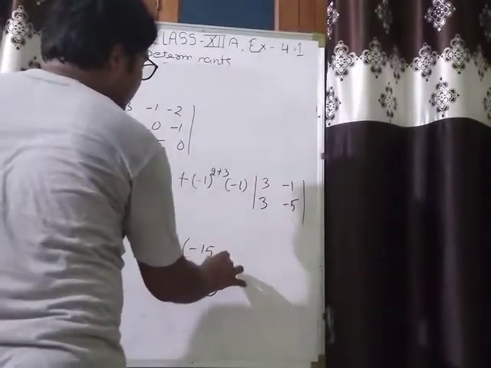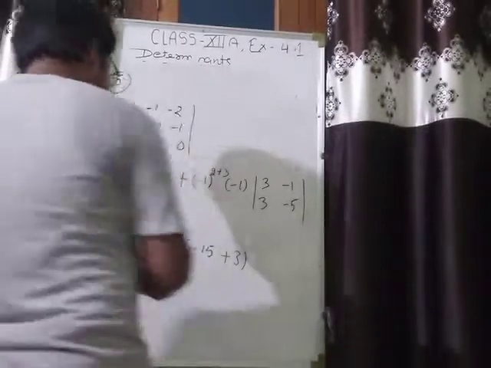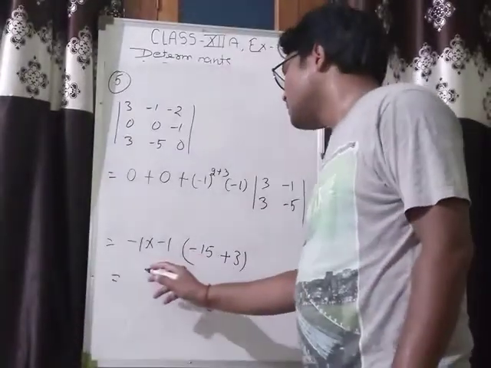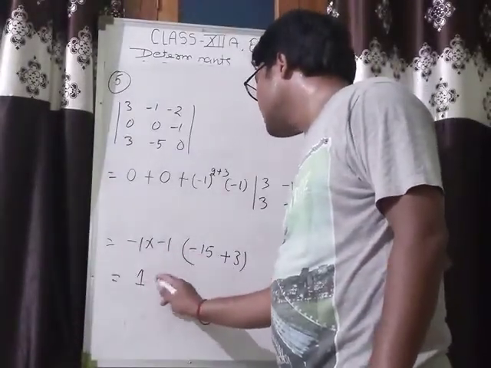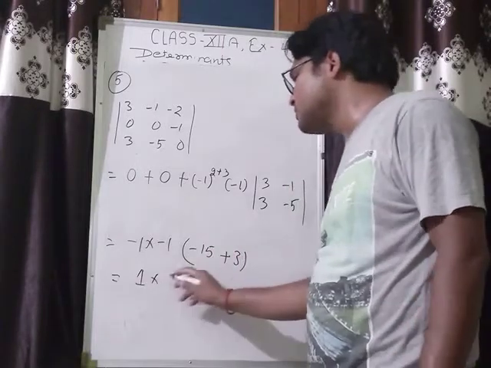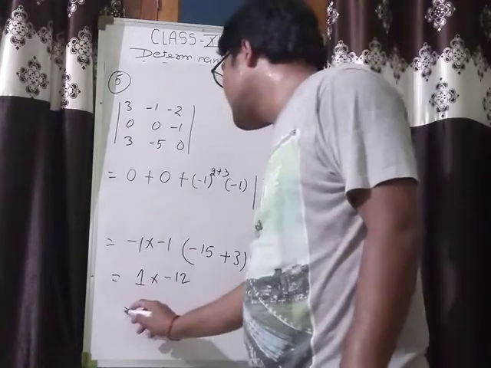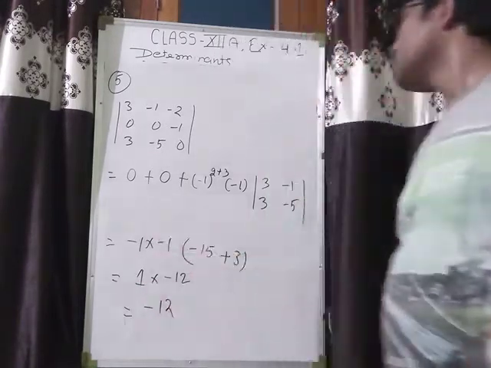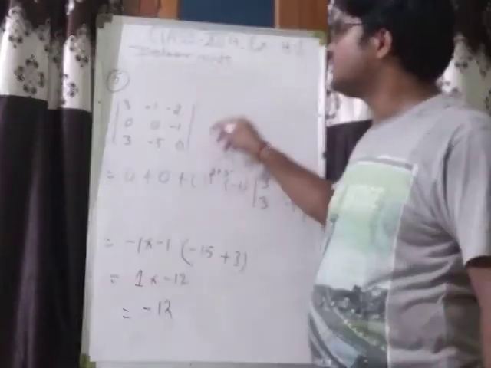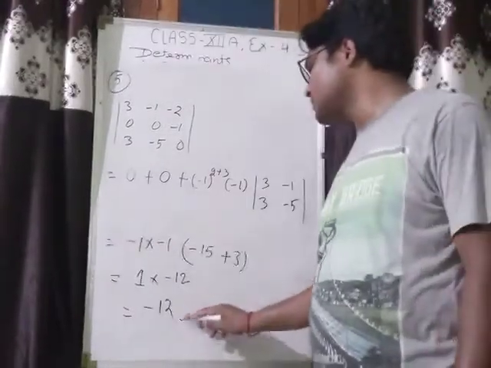So minus minus, it will be +3. So we have from here, -1 into -1, that is +1, into -15 + 3 is -12. So determinant of this matrix is -12.